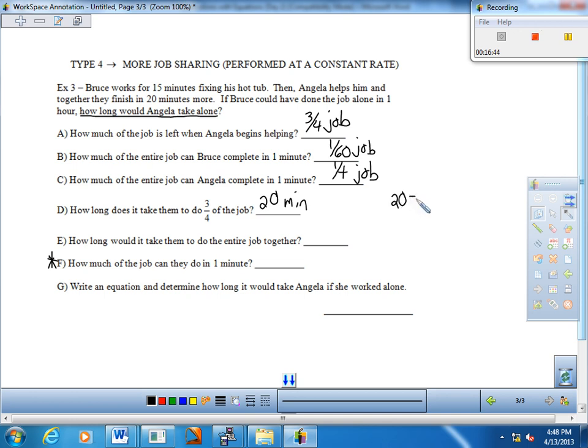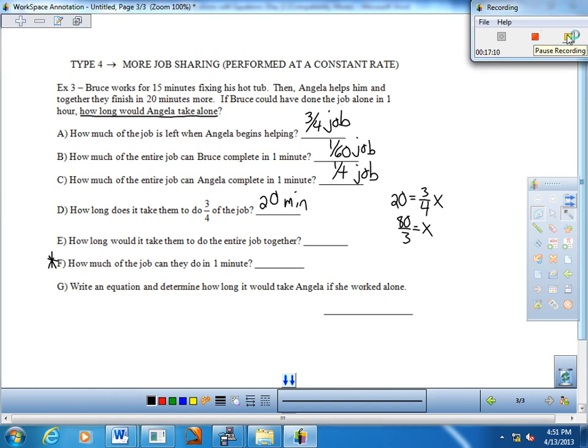Everyone okay with the way I said that? So this 20 minutes right here is equivalent to 3/4 of the time for the entire job. So I'm going to do it just like that. Interesting. And so if I divide by 3/4, or multiply by 4/3, I'm getting this, again, a very quick one here.